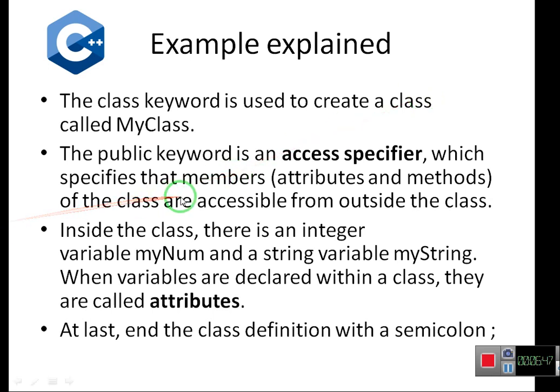The public keyword is an access specifier, as I told you, which specifies that members, or attributes and methods, (methods is another name for functions) of the class are accessible from outside the class. Now inside the class there is an integer variable my num and a string variable my string. When variables are declared within a class, they are called attributes. At last, end the class definition with a semicolon.